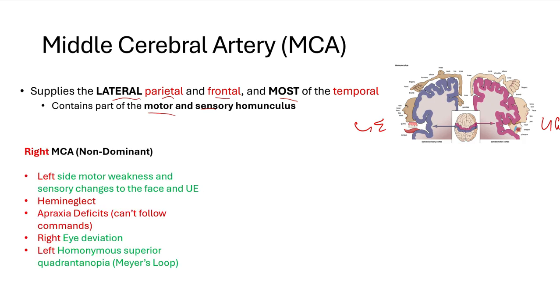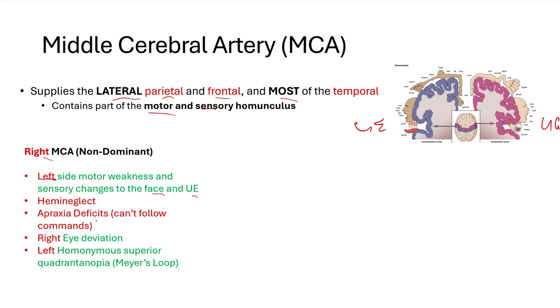Now, in a right MCA, or non-dominant side stroke, we're going to have left-sided motor weakness, or contralateral-sided motor weakness, to both the face and the upper extremity. And that's because the MCA supplies that lateral aspect of the homunculi. You'll also have hemi-neglect in the non-dominant area because it is damaging the parietal lobe. If it is the right MCA that is damaged, you'll have left-sided hemi-neglect.